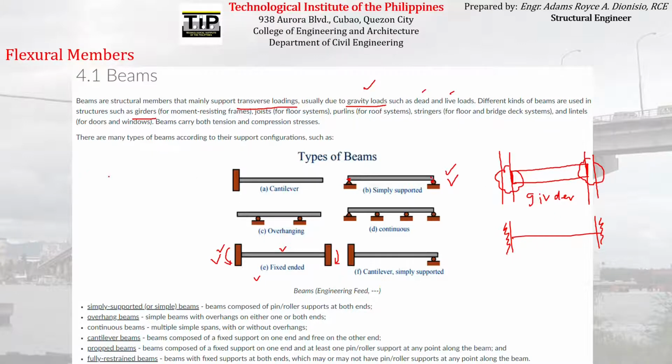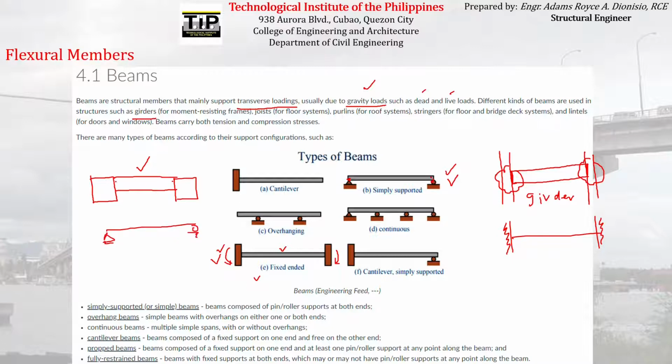Yung normal na beam, usually matatagpuan mo yan kapag yung support niya ay parehong beam din. Kunyari, ito, may beam dyan. Tapos may beam dyan. Tapos, merong nagko-connect sa kanila na another beam like this. Okay? So, this is usually modeled as simply supported beam. Parang ganito. Okay?